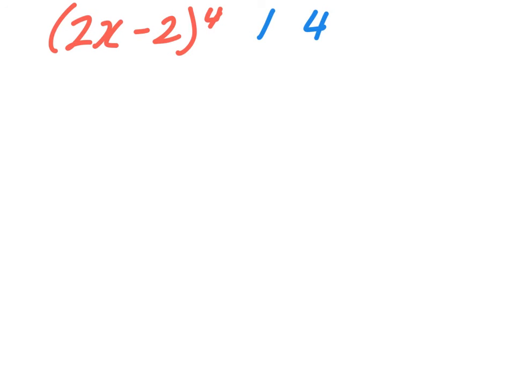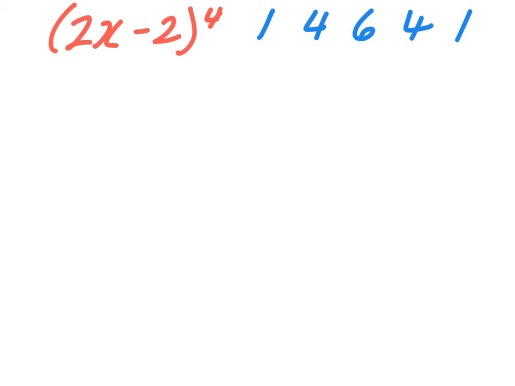So we're going to do 2x minus 2 to the power of 4. In that case we would go to the fifth line of Pascal's triangle, and in the fifth line, my numbers, you can check back, are 1, 4, 6, 4, 1. All right?